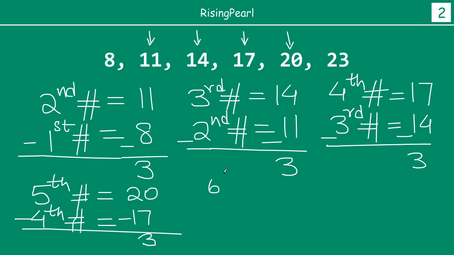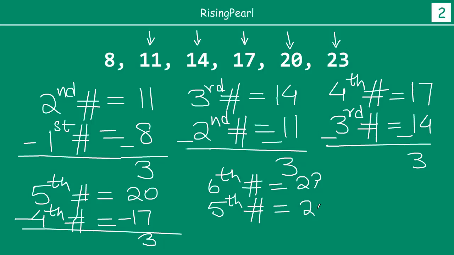And finally our sixth number is equal to 23. As you can see, our fifth number is equal to 20. So now we are at our sixth number. Fifth is 20 and this is 23.